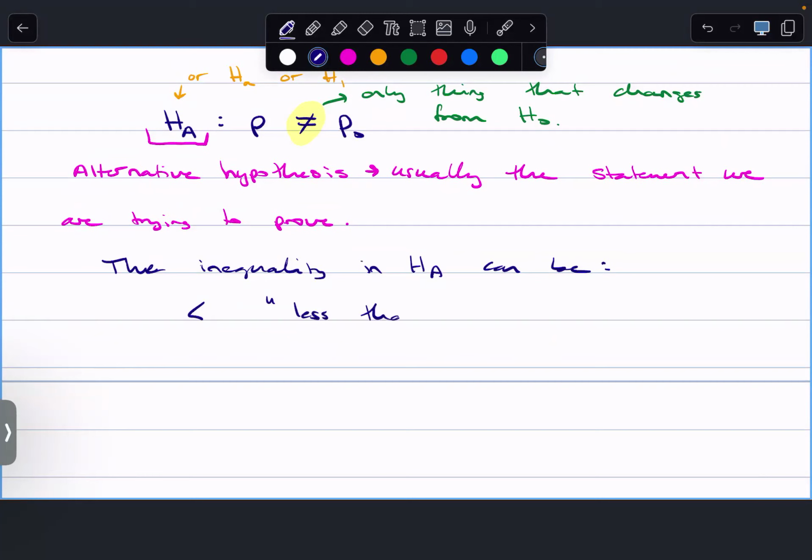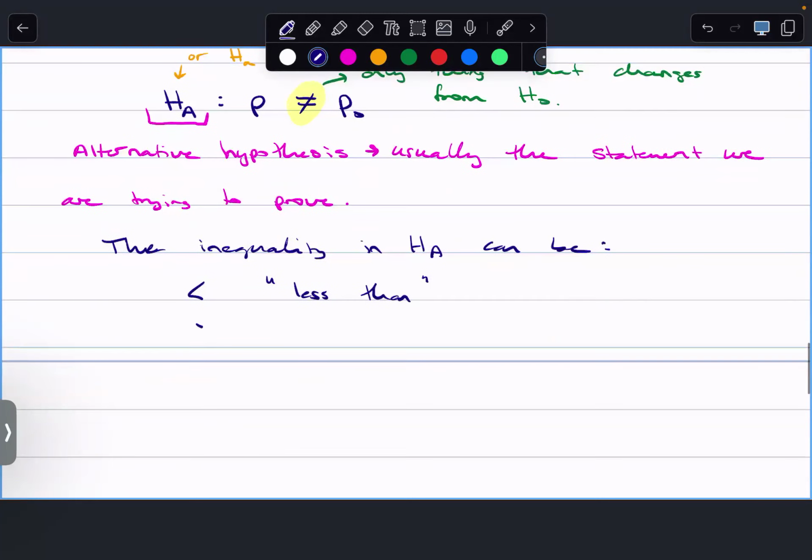Less than. It can be greater than. Or it can be not equal to. So if they're different, or if there's a difference, right? Is it different from 0.5?